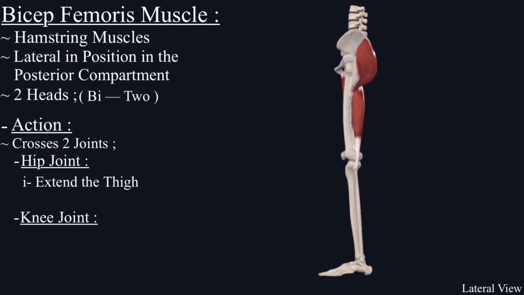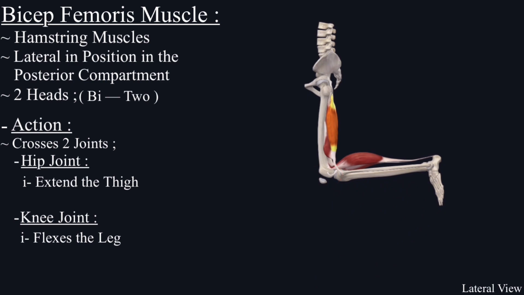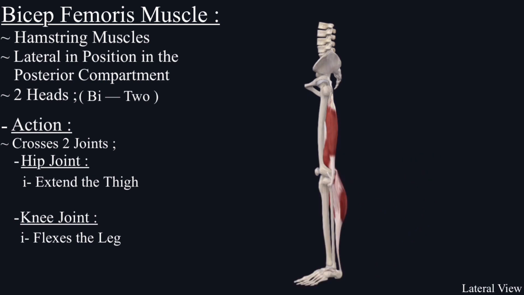So contraction of this muscle will pull the thigh in this direction. At the knee joint, it flexes the leg. And since this muscle passes posterior to the knee joint, contraction of this muscle will pull the leg in this direction.